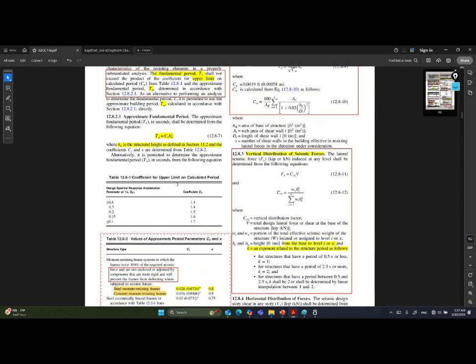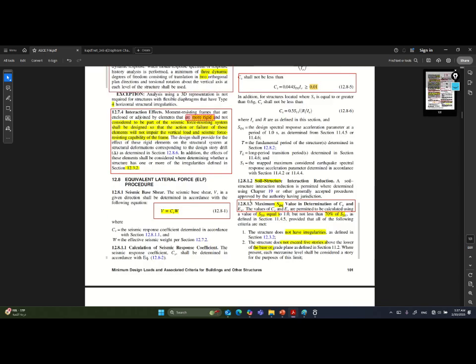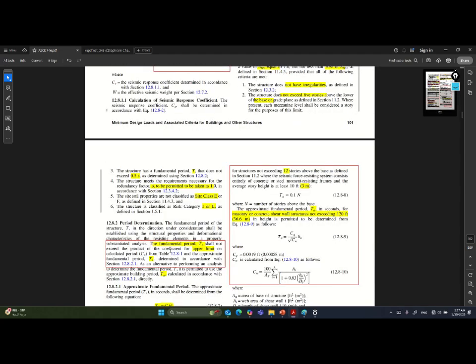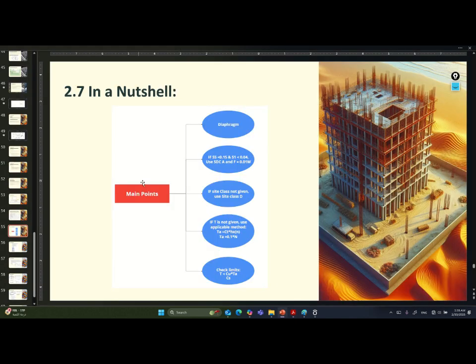My period shall be less than Cu multiplied by T. So if the given time period is more than Cu multiplied by T approximate, then I will use in this equation Cu multiplied by T approximate. That is the idea of considering the limits when you are calculating the equation.